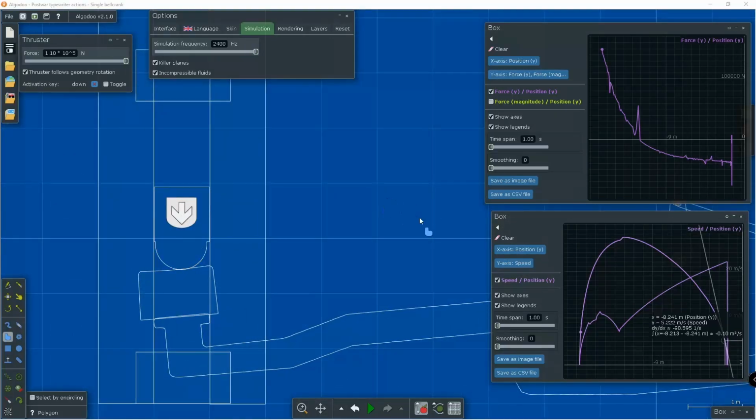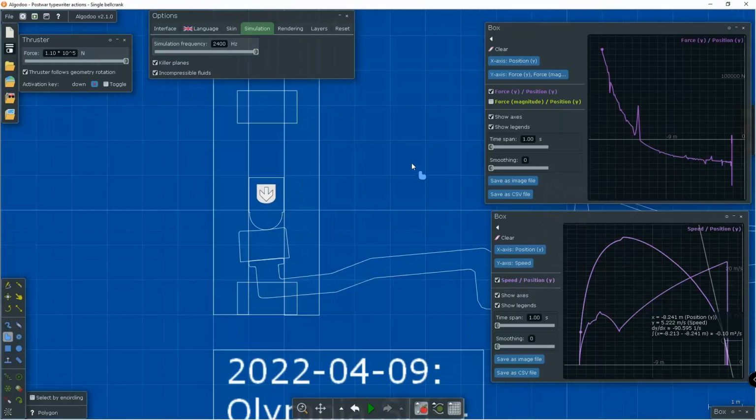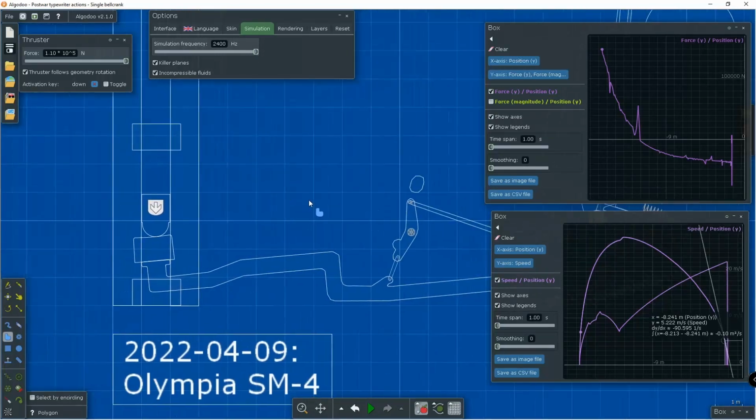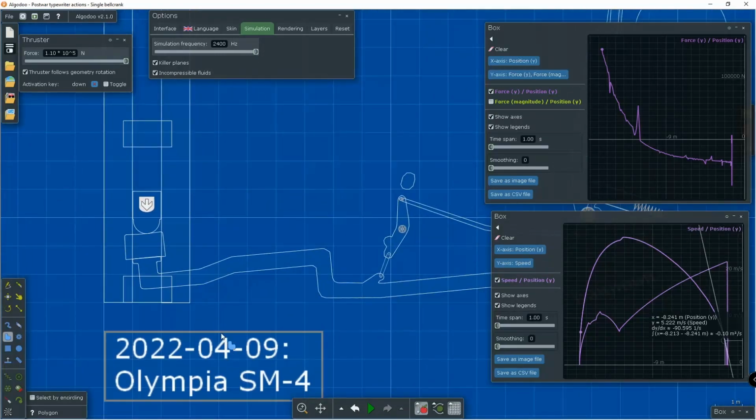Given that, as light as this particular typewriter feels to me, the force is actually increasing at an increasing rate. Which was kind of unexpected, but I guess it's hard to really notice because my particular SM-4 has such a light touch.